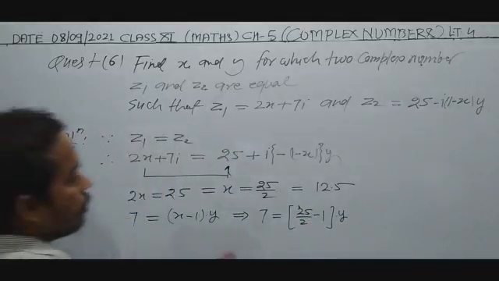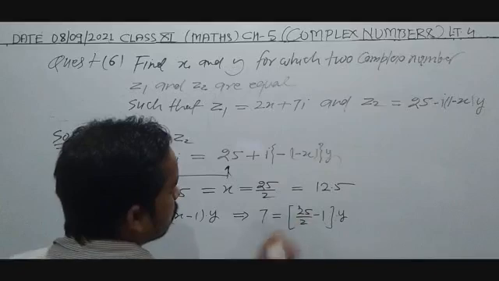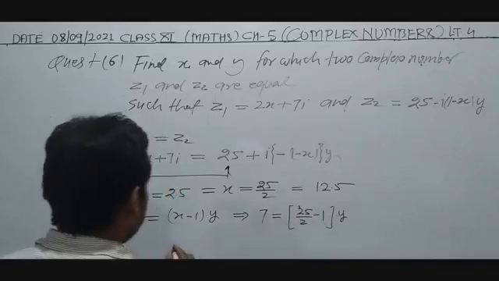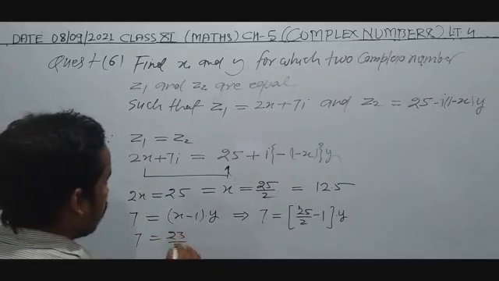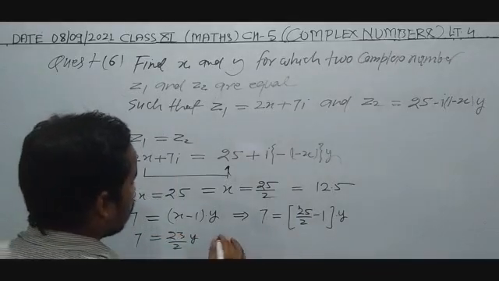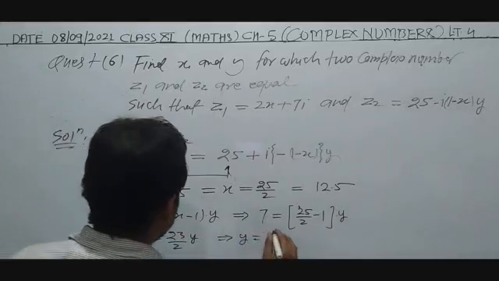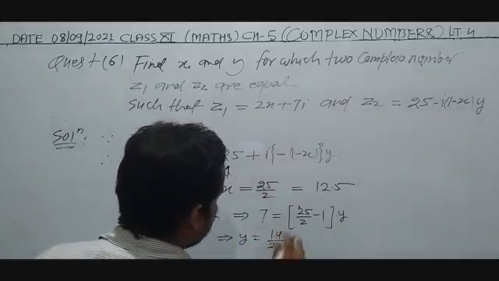When you solve, this is 25 minus 2, that is 23 by 2, and 7 is equal to 23 by 2 y. This implies y is equal to 14 by 23.